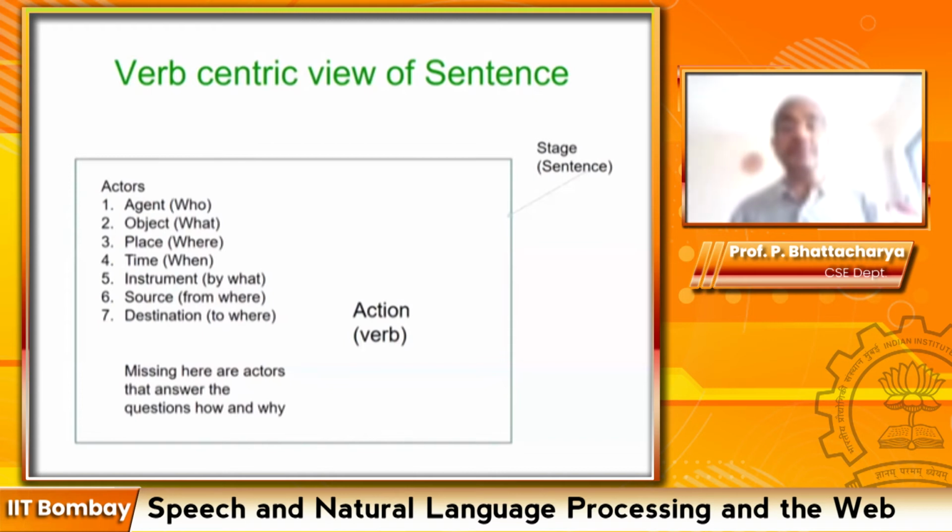Now, there are two views of NLP. One is called the verb-centric view, the other is called the noun-centric view. Now, information retrieval, which is using a lot of AI and NLP these days because you want more and more intelligent search engines, and this particular course has a web component where we would like to look at information retrieval also from the point of view of NLP.